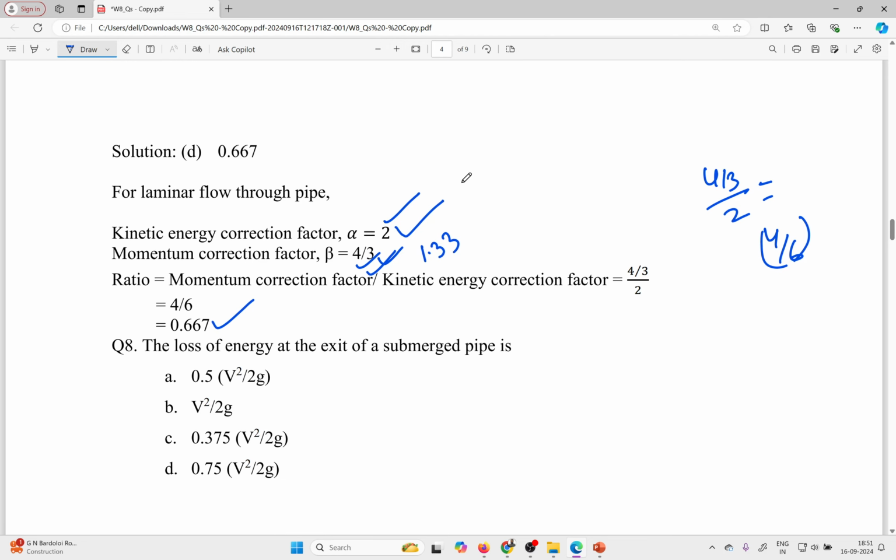Now, question number 8, the loss of energy at the exit of a submerged pipe. Which formula will you apply here? And I'll give you a numerical in this question. If your velocity is 2 meter per second and your g value is 10 meter per second square, then what will be your exit loss?